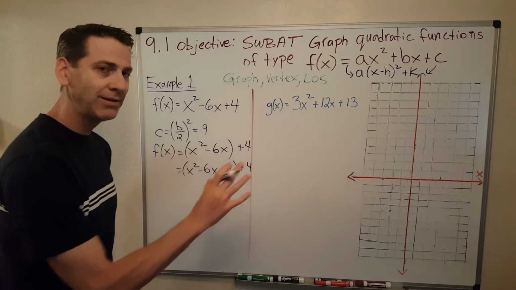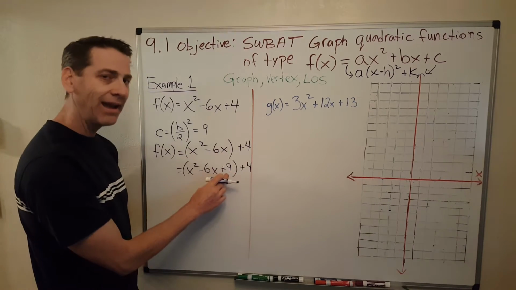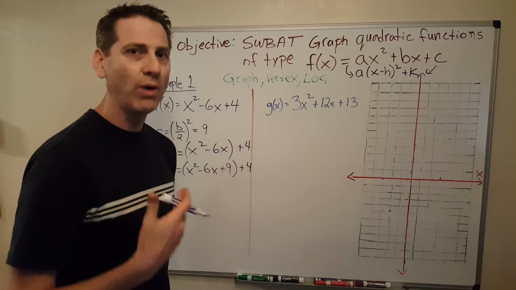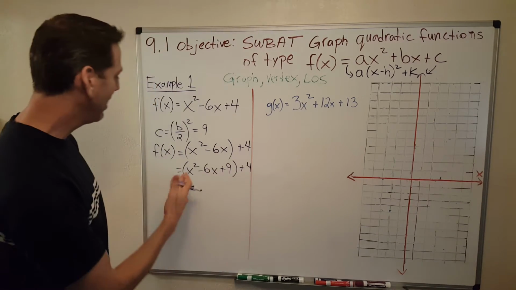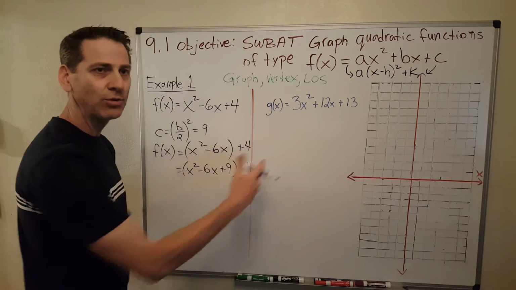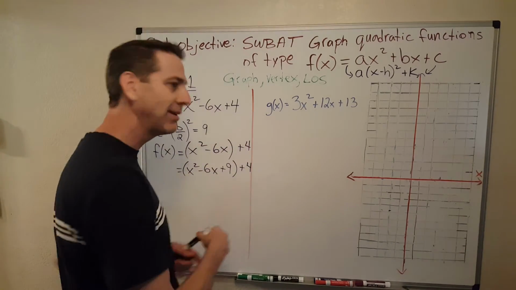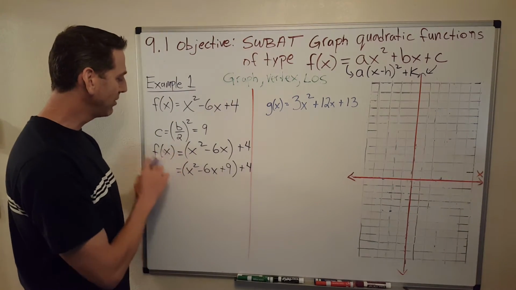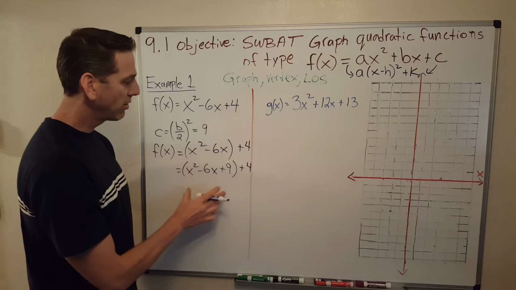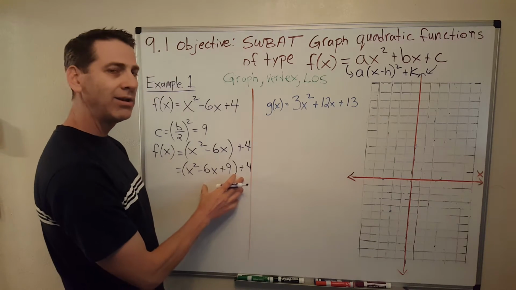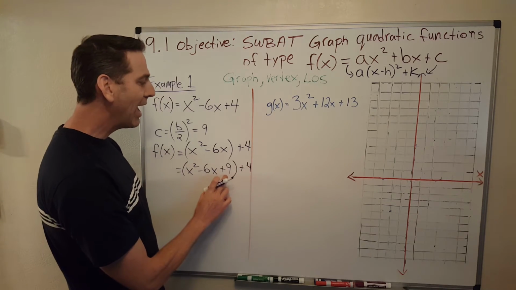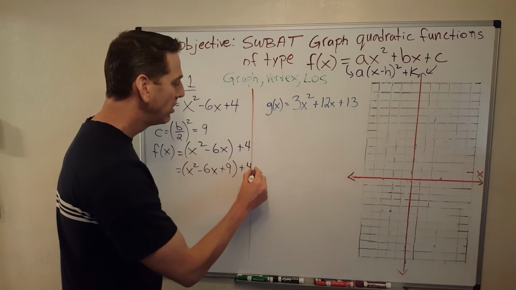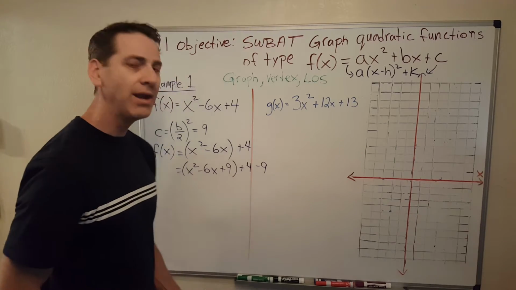But here's the deal. I added 9. When we were doing quadratic equations, we had a 0 on the other side, so we could just add 9 to this side and take 9 away on the other side. Well, this is a function. This isn't really a number. So if we add 9, we can also simply take away 9.